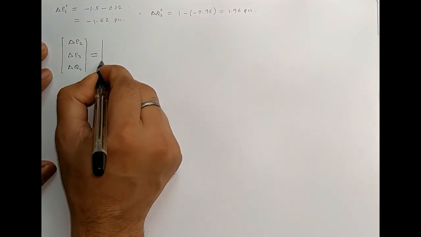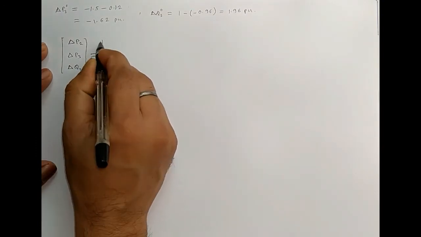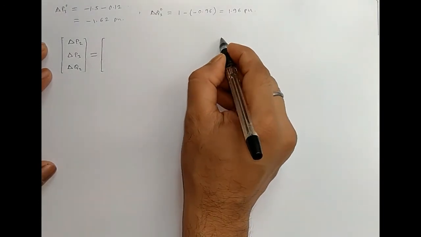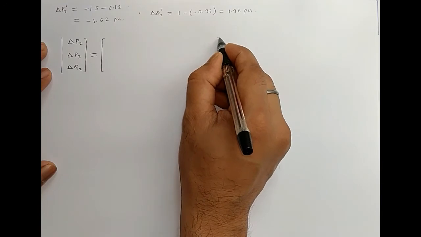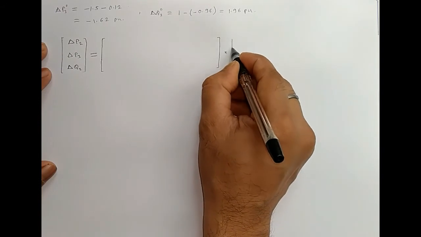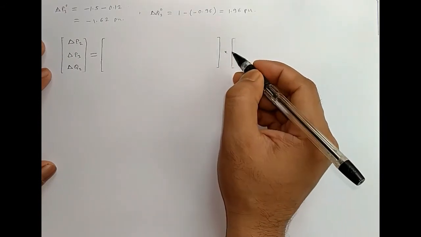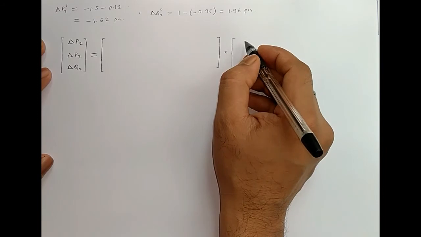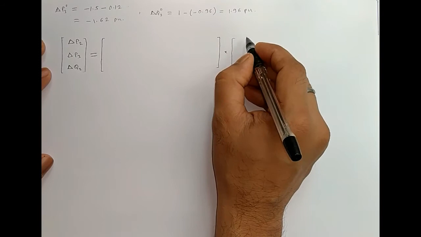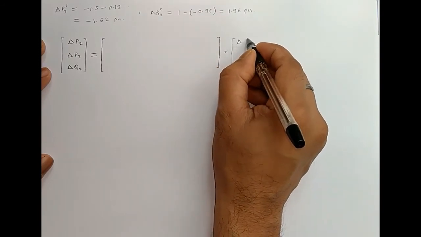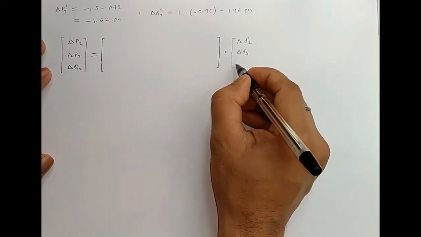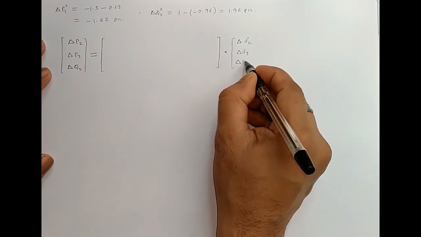On the right hand side, let us assume this will be the Jacobian matrix, multiplied by the error, that will be delta 2, delta 3 and delta mod V2.